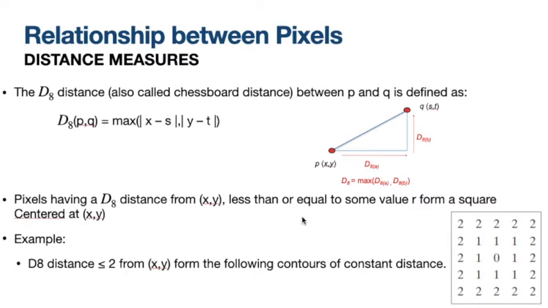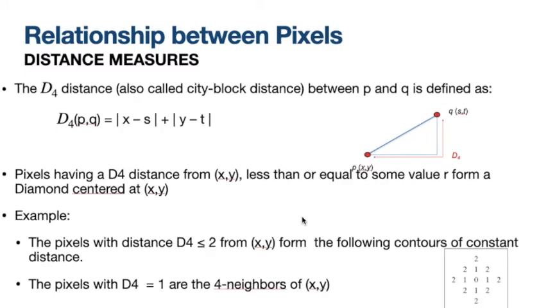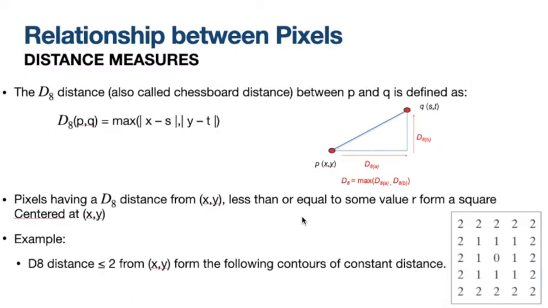Pixels having a D8 distance from (x, y) less than or equal to some value r form a square centered at (x, y). For D4 distance it was forming a diamond; here it will form a square. Here is an example: D8 distance less than or equal to 2 from (x, y) forms a square centered at (x, y).